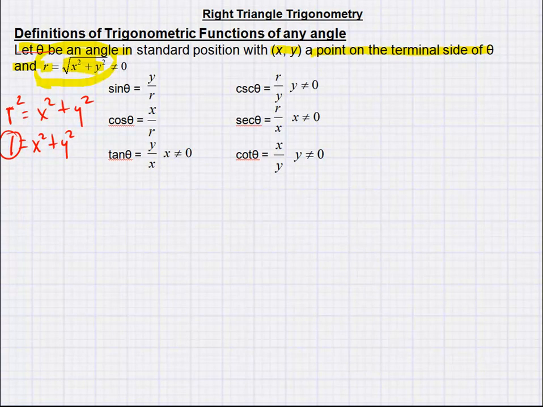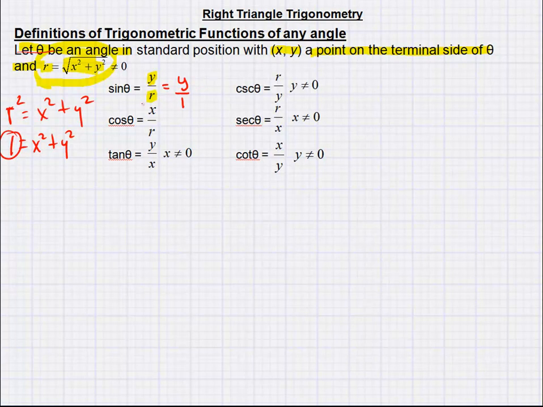The sine of theta is not going to just be y anymore. The sine of theta is going to be y over r, which is really the same formula as before. If you think about it, our formula was that sine of theta equals y, and for the unit circle, r was 1. So I could have written it as y over 1, which would be y over r, but we just said y, because y over 1 is just y.